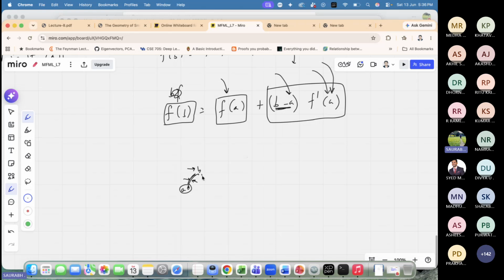That's why you take into account B minus A and the rate of change of the function at A. So the idea is to approximate the function's value at a new point: you add the function value at a known point, then see how the function changes around that point, and then keep doing that.